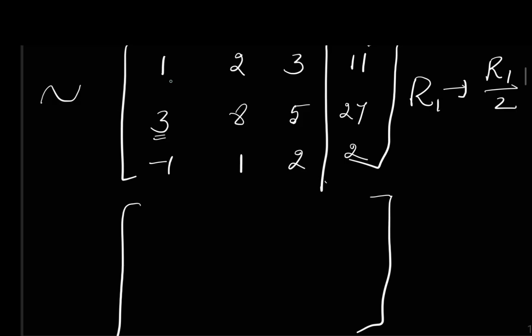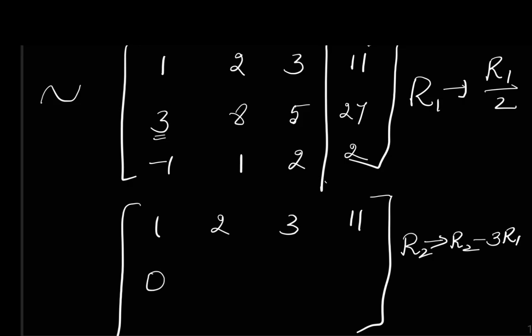Compare with R1: if I multiply R1 by 3 and subtract it from R2, you will get 0.